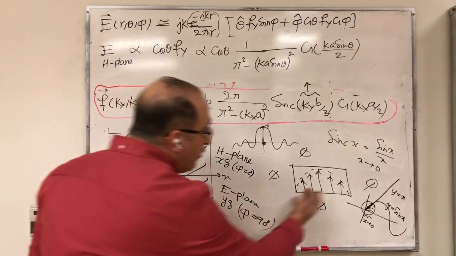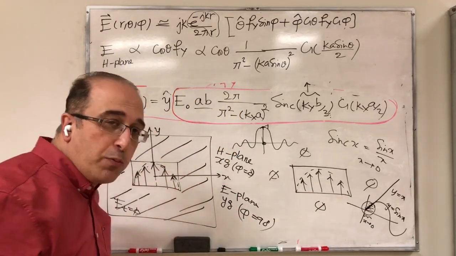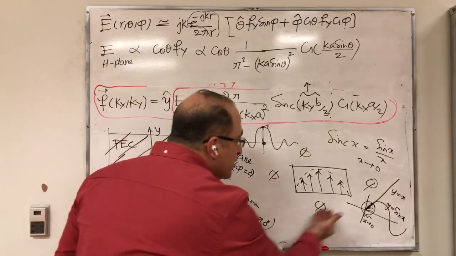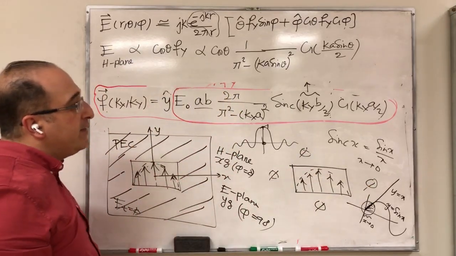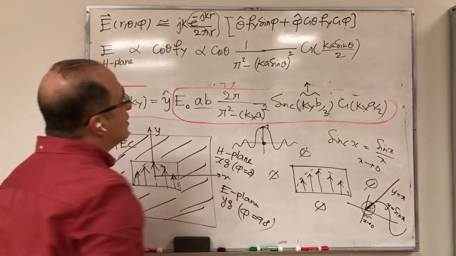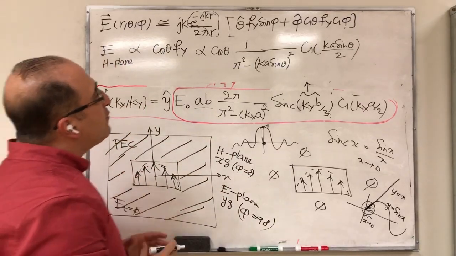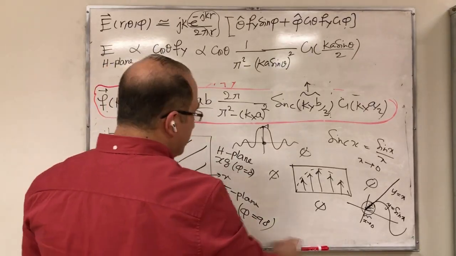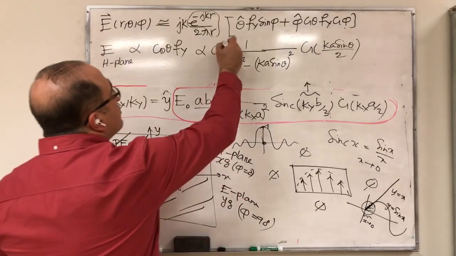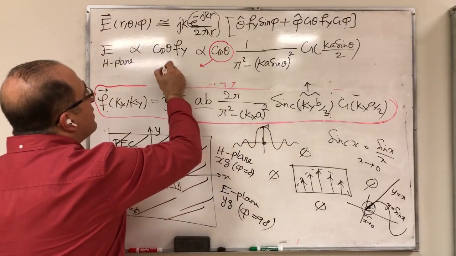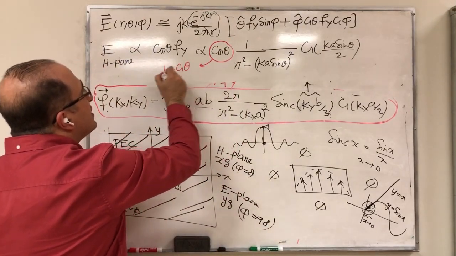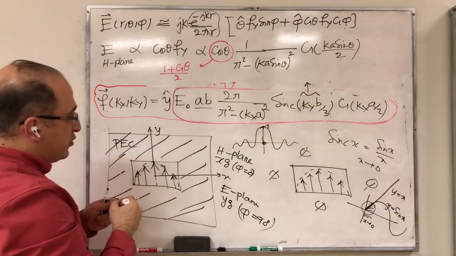But now if you go with this aperture where there is no PEC plane, but you are assuming 0 outside, then what would be the difference between this and that? The main difference here is that this cos theta that you have needs to be replaced by 1 plus cos theta divided by 2.